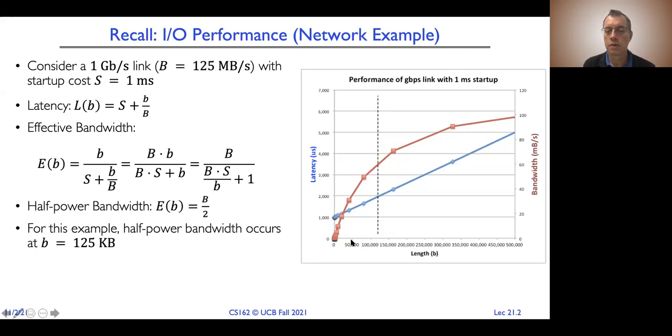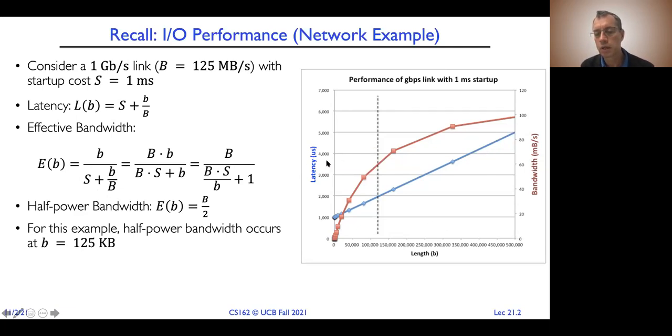And here with red, you can see the curve. This red curve is the effective bandwidth versus the capacity of the link. And when the number of bits is 0, obviously the effective bandwidth is 0.